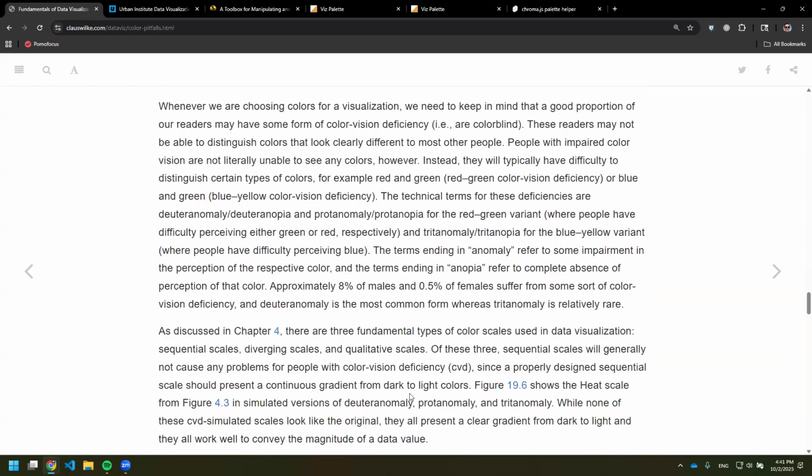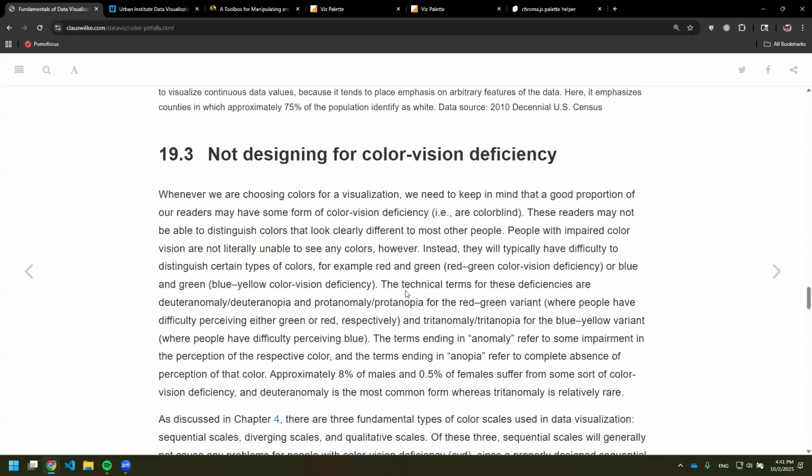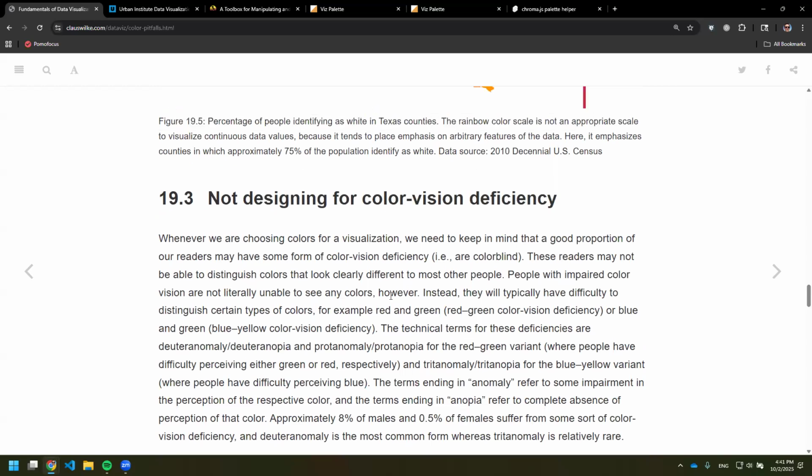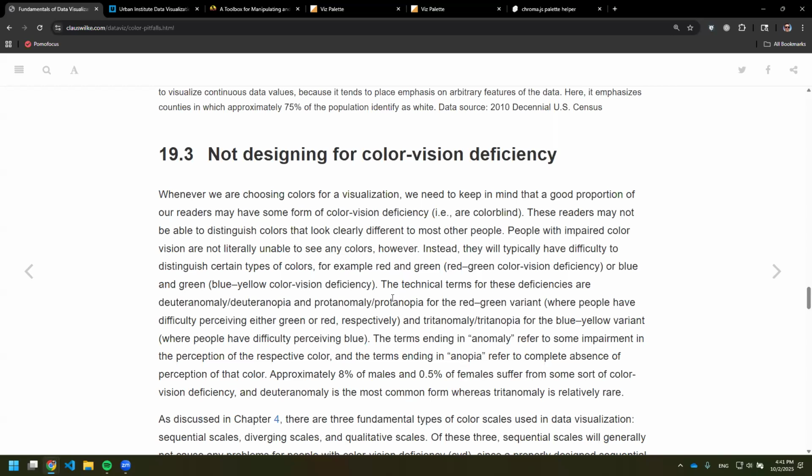Last problem that the author points out in this chapter is when you're using colors, think about people that may have problems with color perception. So there is a small but not insignificant proportion of the population that has color blindness of some sort.